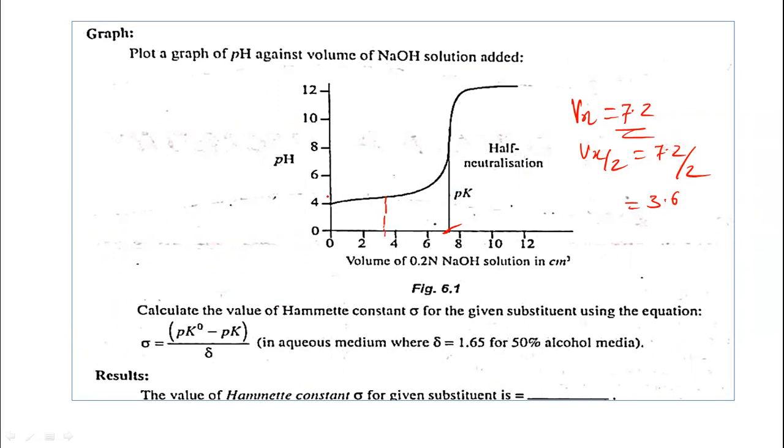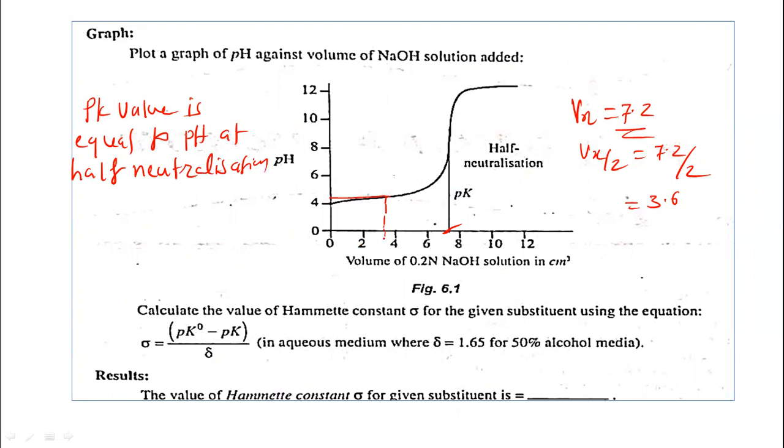we have to take the pH value here. That is the pK value we are getting here. The pK value is equal to the pH at half neutralization.